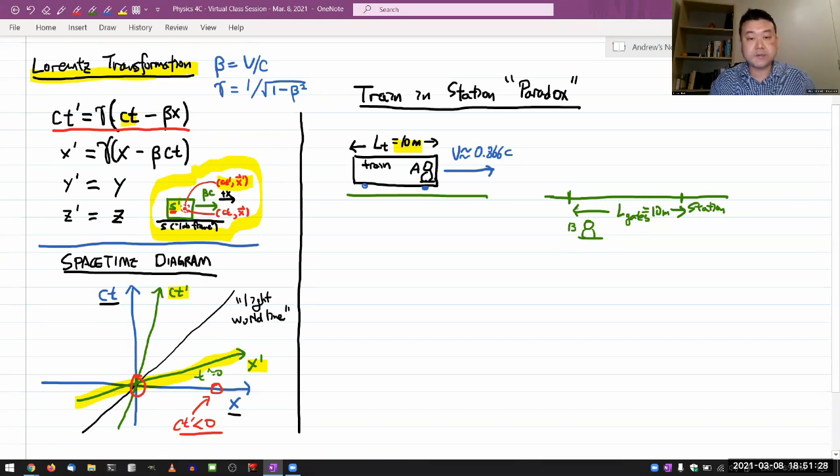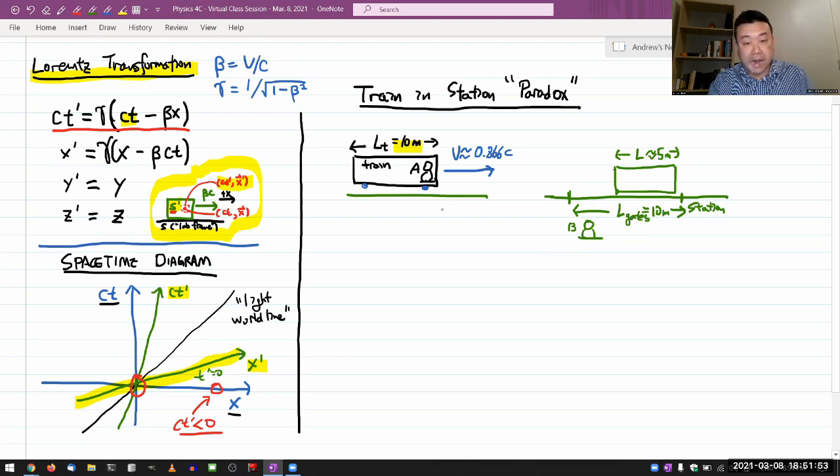So Bob says that as the train passes by, he's going to be able to fit the train well within the length between the gates. If I worked out the Lorentz contraction factor right, this Lorentz contracted length will actually be about 5 meters. So that's what Bob claims he'll be able to do.